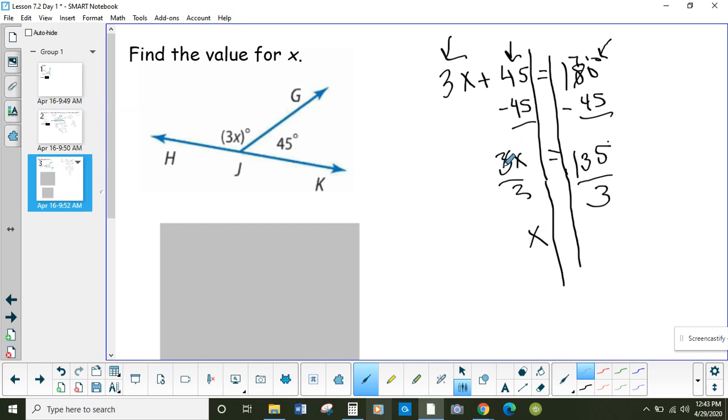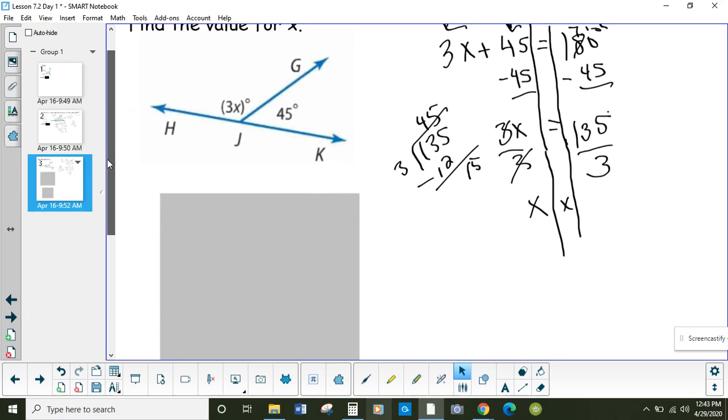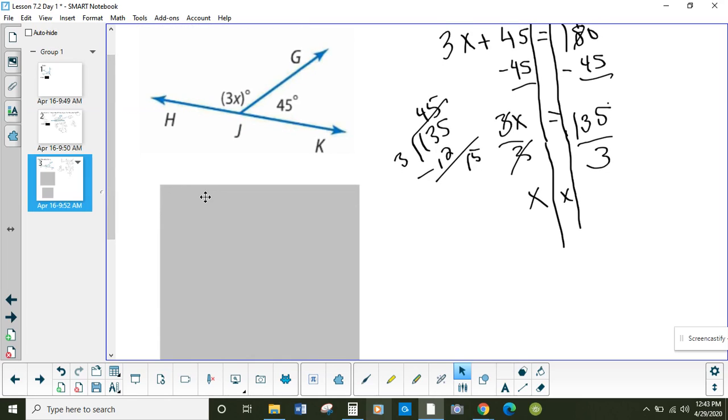And x, cross out my ones, right? x equals 135 divided by 3. Yes, you can grab your calculator. Almost just as fast to do it without, though. 15 goes in 45. So now, does that mean this angle is 45? And I hope by now you're saying no. That means x is 45.